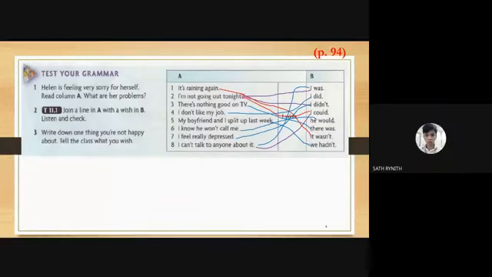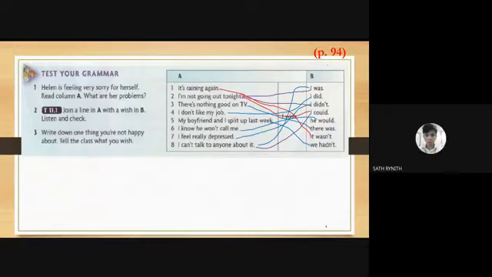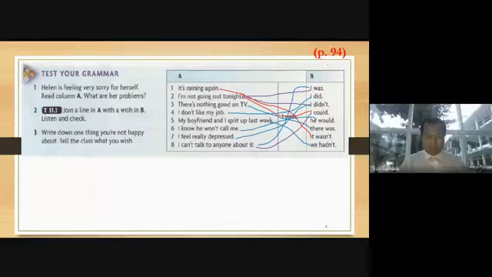Number 4, I wish I did. You don't want to change it again? No, no. Okay, so maybe we will see the answer in here.